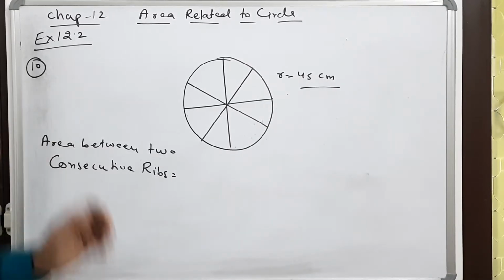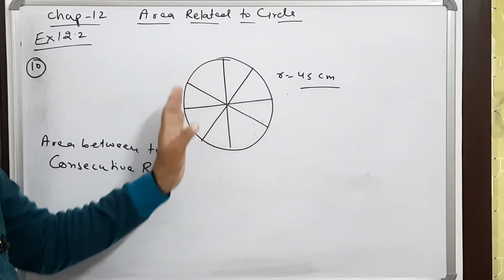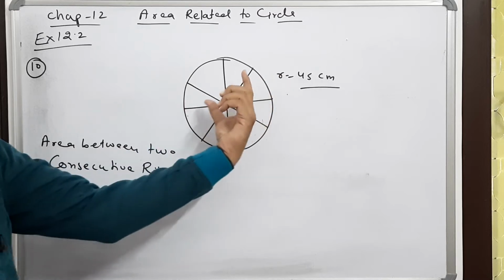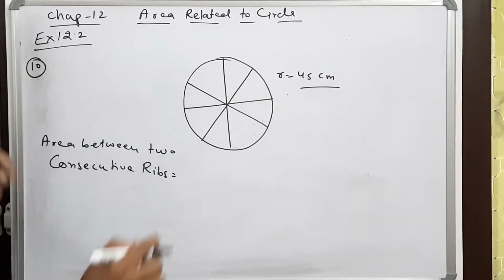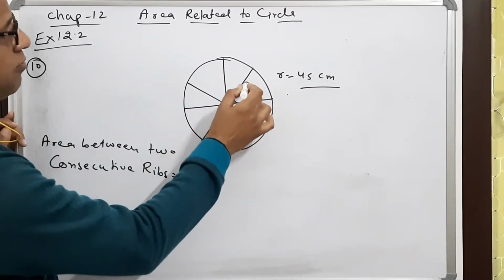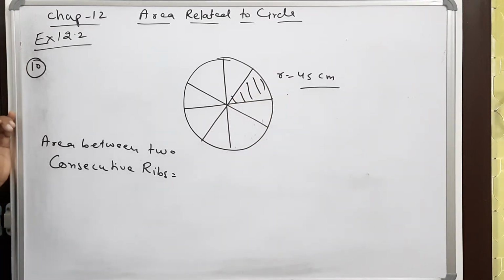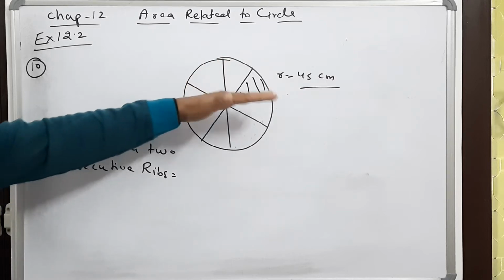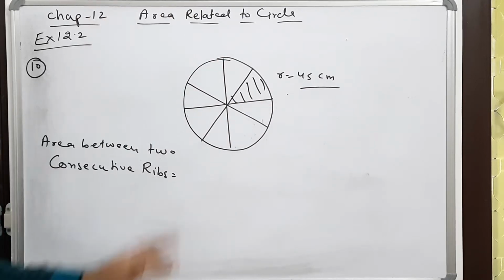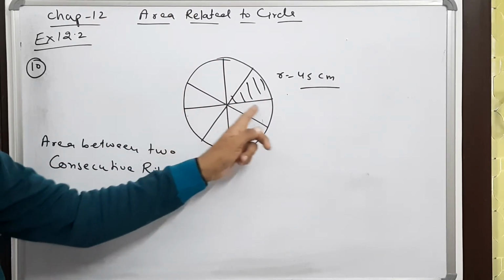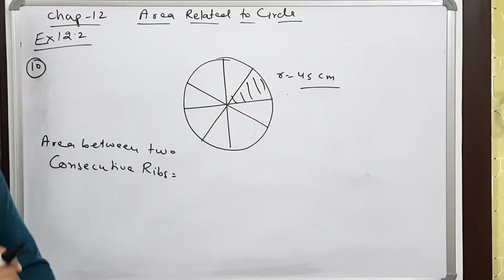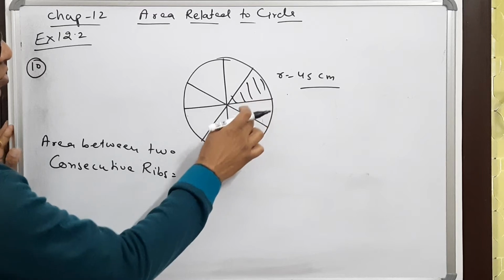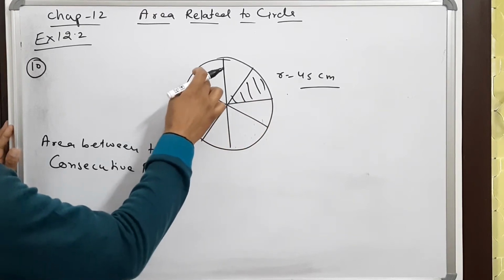Yes, see dear students, number 10. This is umbrella and these are 8 ribs and the radius is 45 centimeter. We have to find the area of the one sector, that is area between two consecutive ribs. Ribs means the partitions which are made here, and here we are using one iron wire in the umbrella. So the area between two, 1, 2, 3, 4, 5, 6, 7, 8.